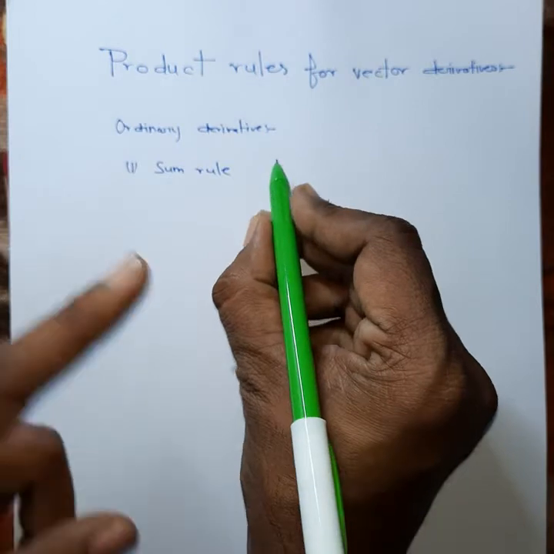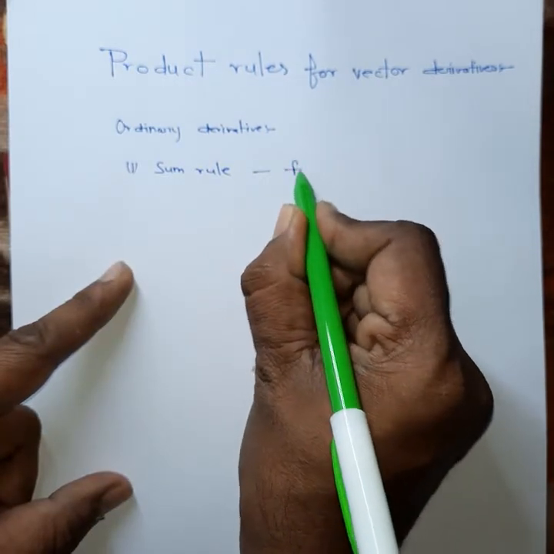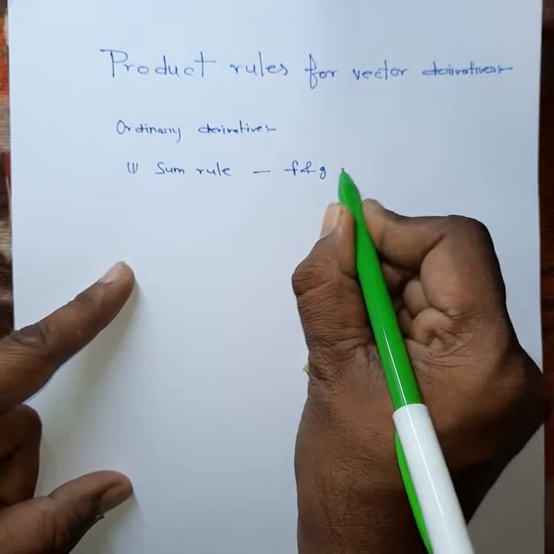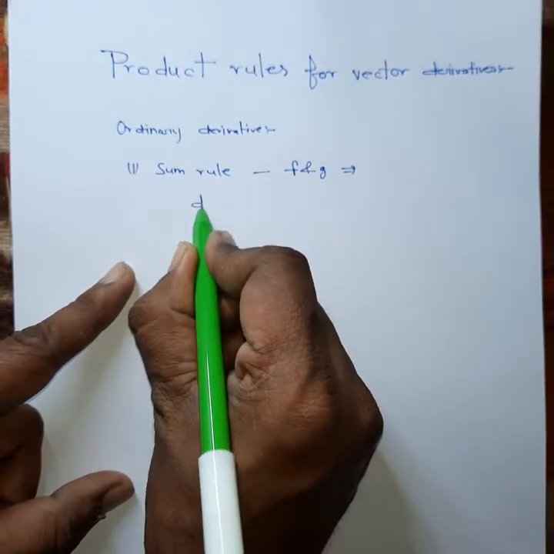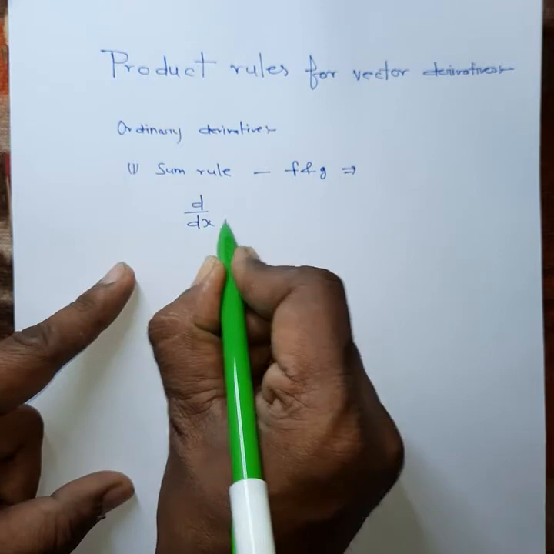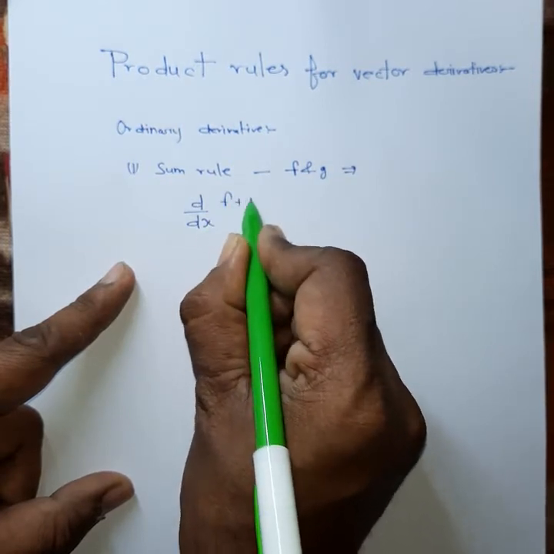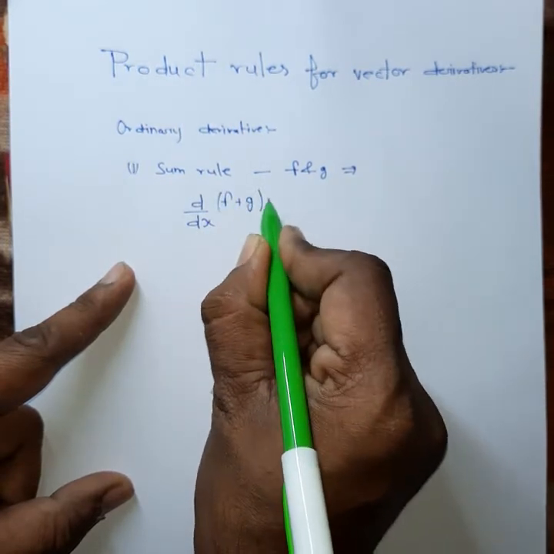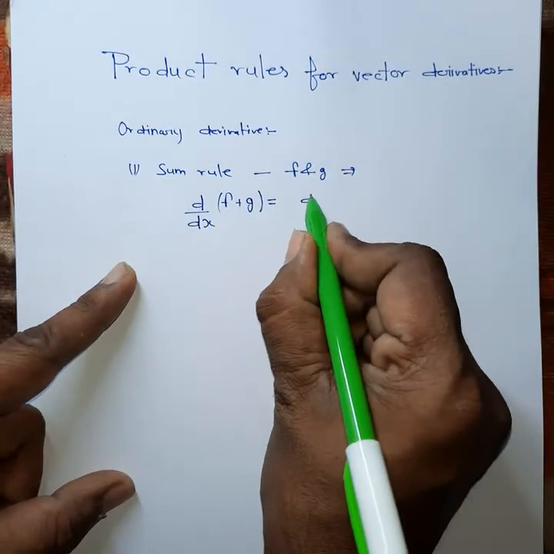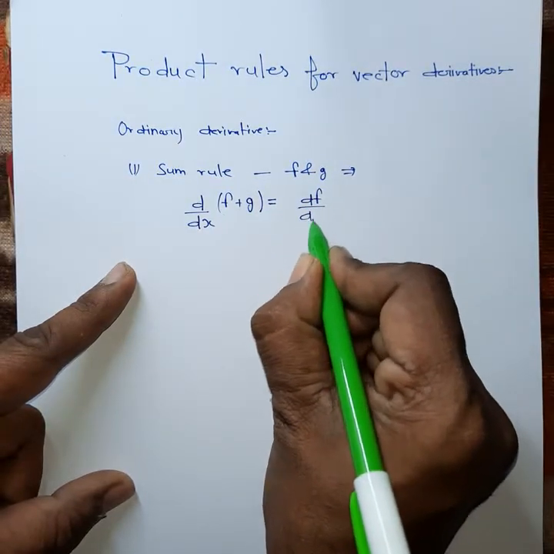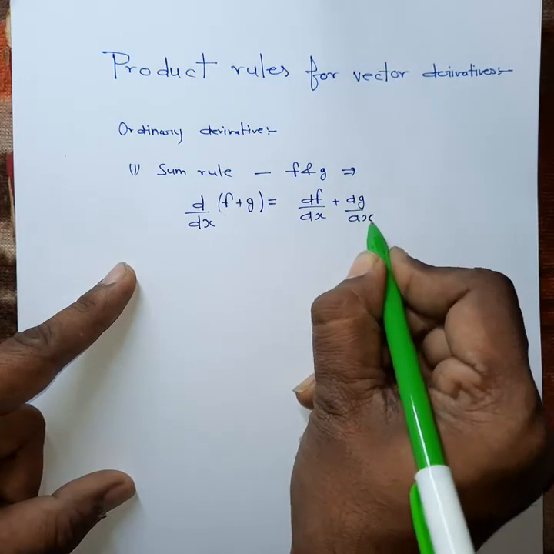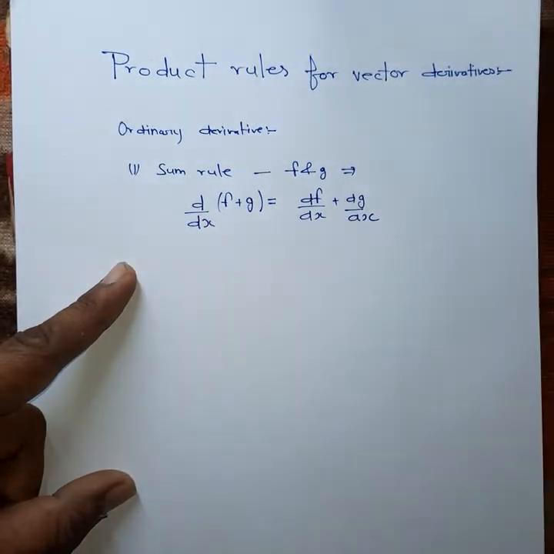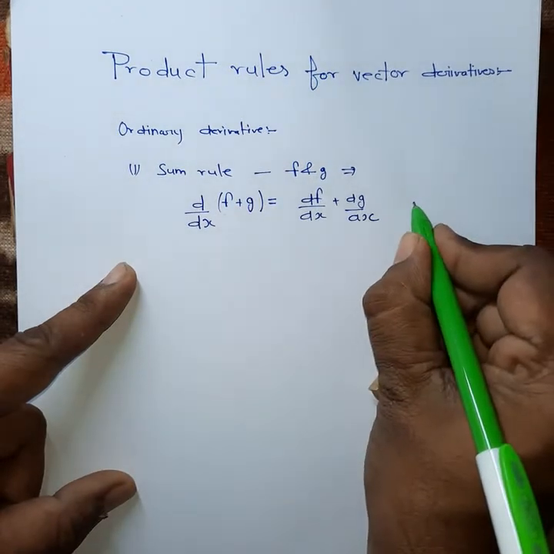If there are two scalar functions f and g, then their ordinary derivative, that is d by dx of the sum of the two functions f and g, is given by df by dx plus dg by dx. This is the sum rule for ordinary derivatives.